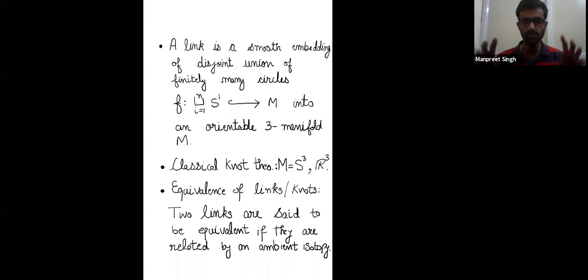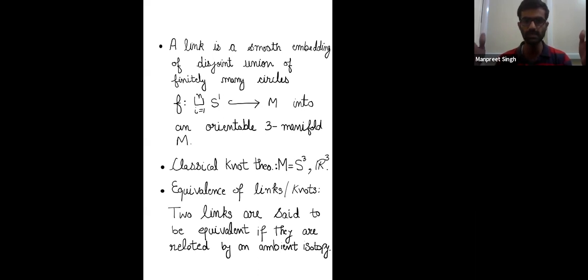Now, if we have two knots in the three-sphere, then we want to define the notion of equivalence. If we have two simple closed curves and we move them slightly without crossing itself, they must be the same for us. We want to say this in terms of mathematics.